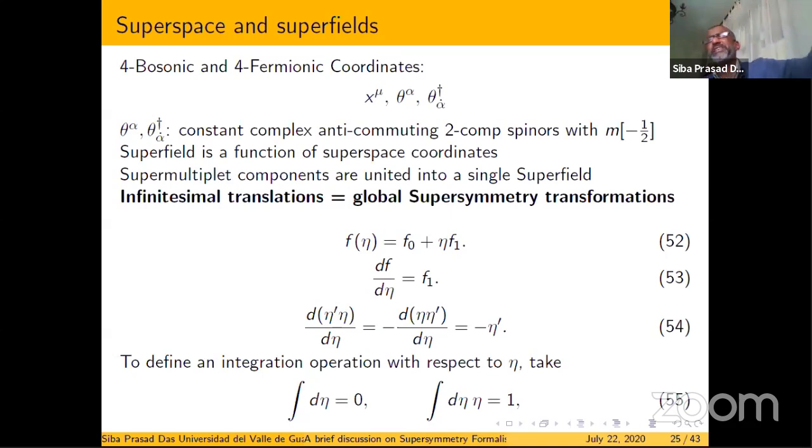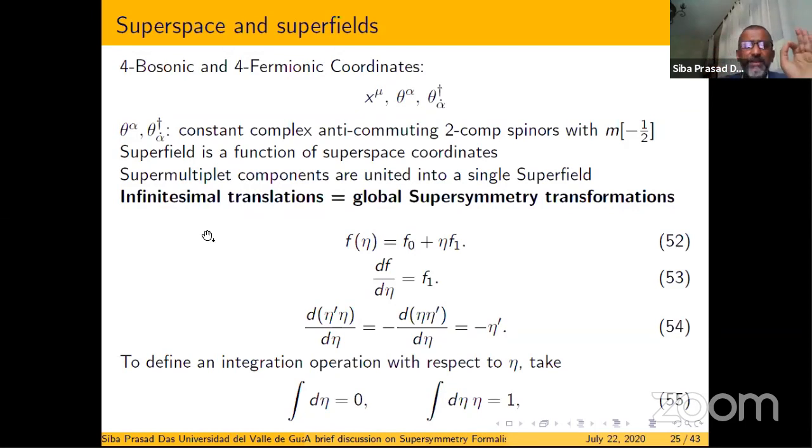So whenever we discussed the component formalism in the last session, you can enfold all the components and tag them in one superfield. This is the most important aspect of the superspace formalism.